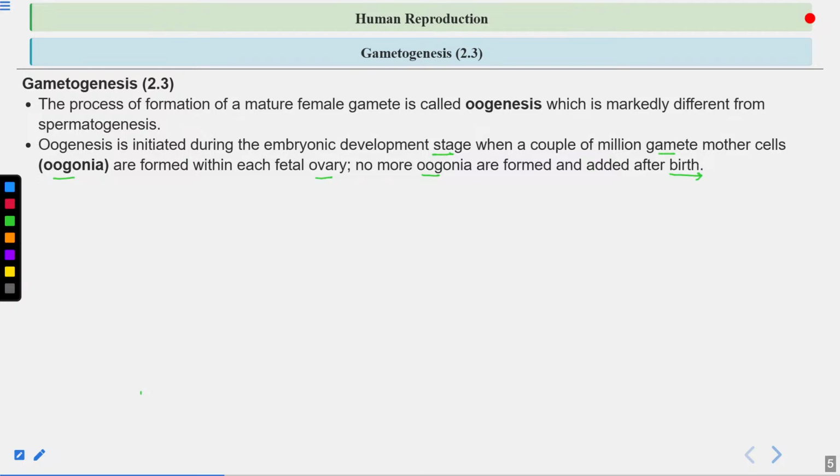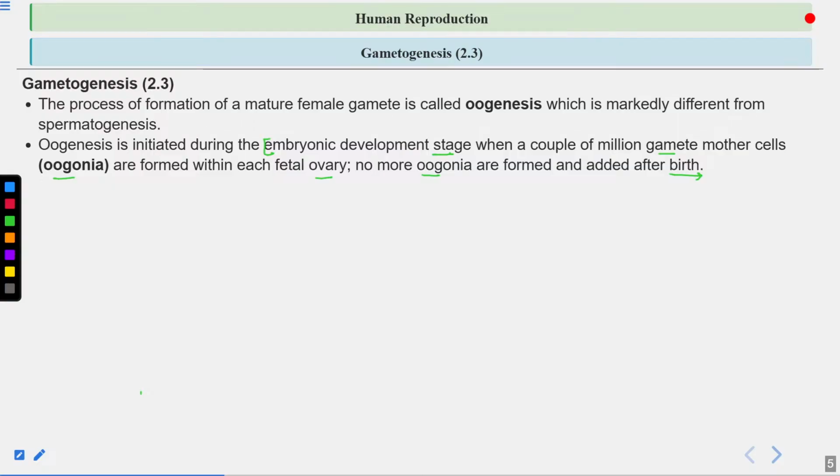In females, oogenesis is initiated during the embryonic stage, the fetal stage, also known as the prenatal stage.